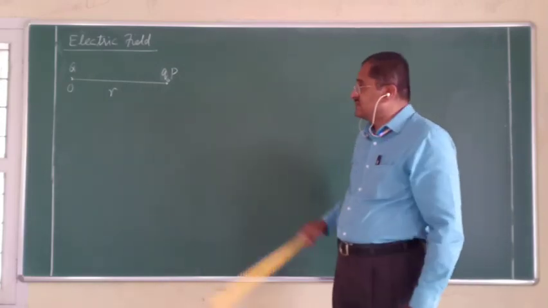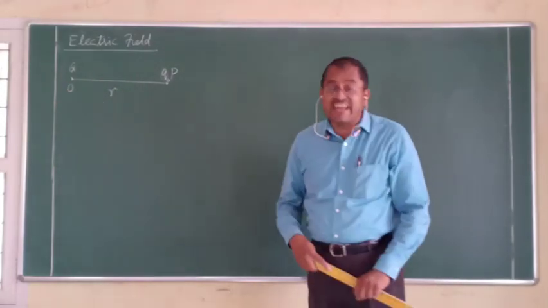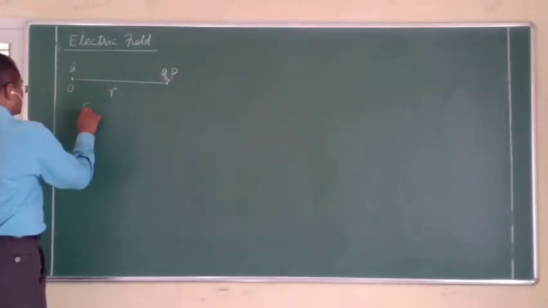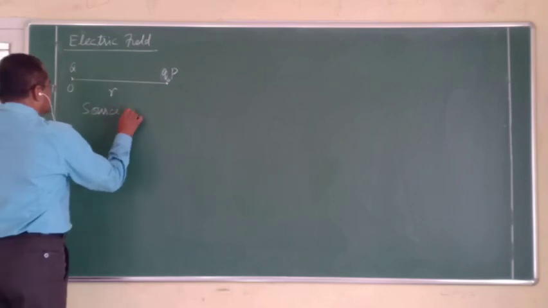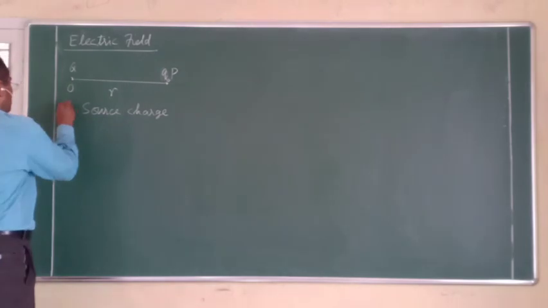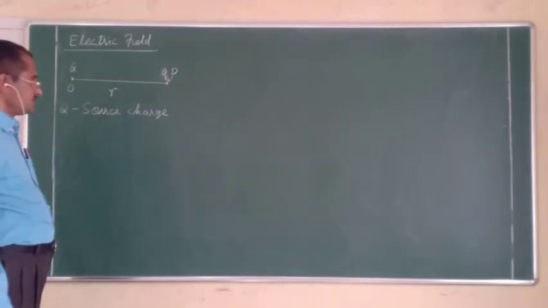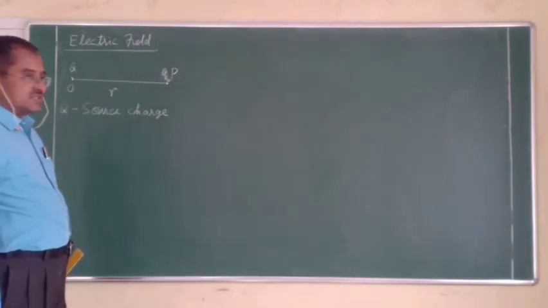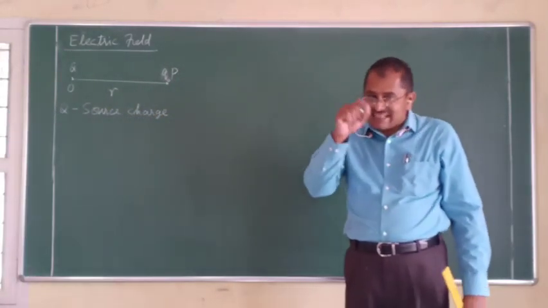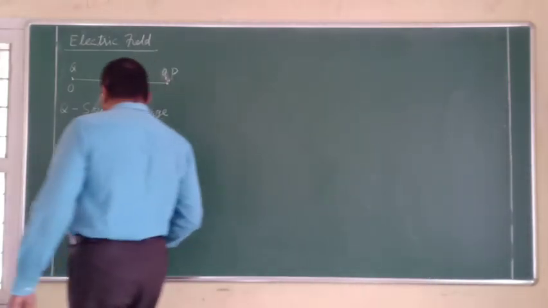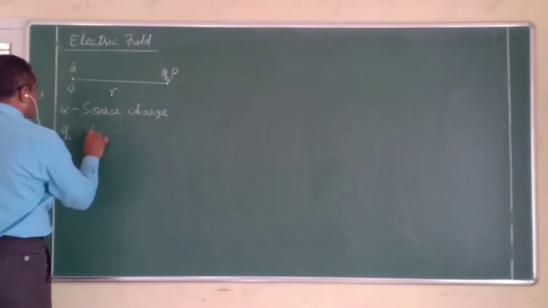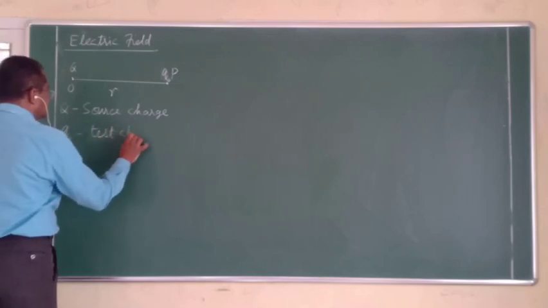That charge which is producing a field, I call it the source charge. That charge Q, therefore, is the source charge for me. This charge which is used to test whether a field exists or not, I call that the test charge.